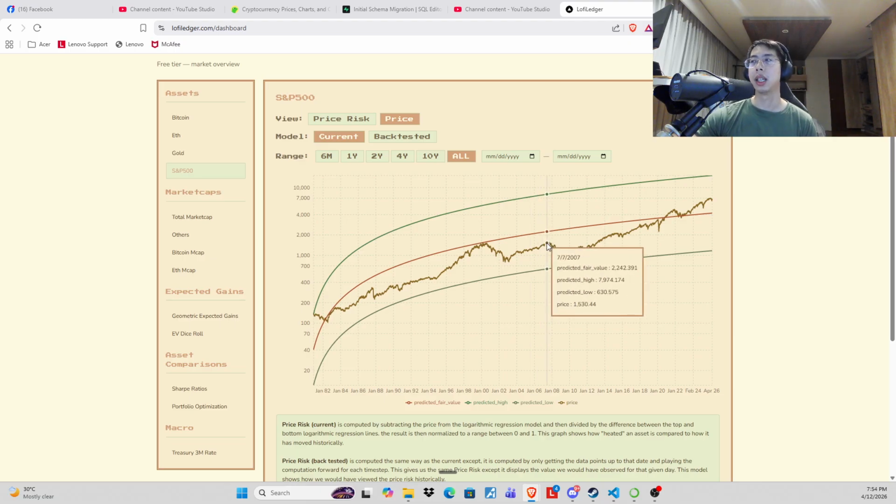What we want is a portfolio that balances these two things, right? We want a portfolio that has really high gain, but for every point of volatility, we want to punish that gain.